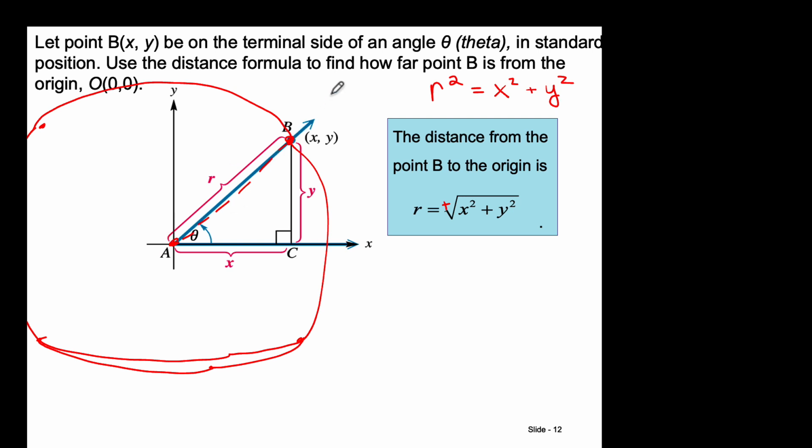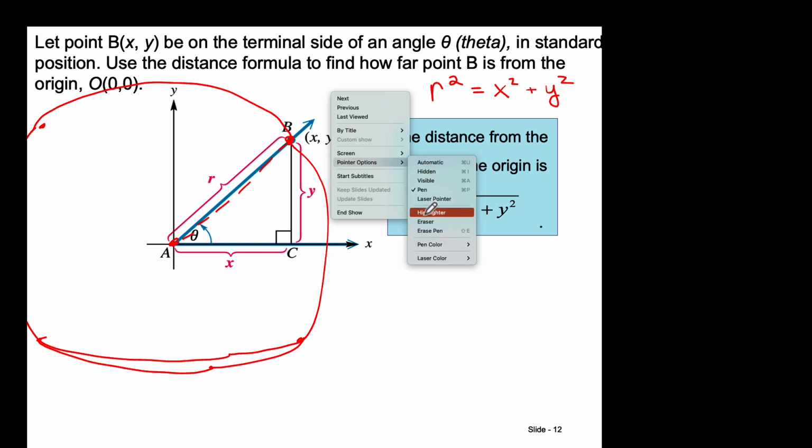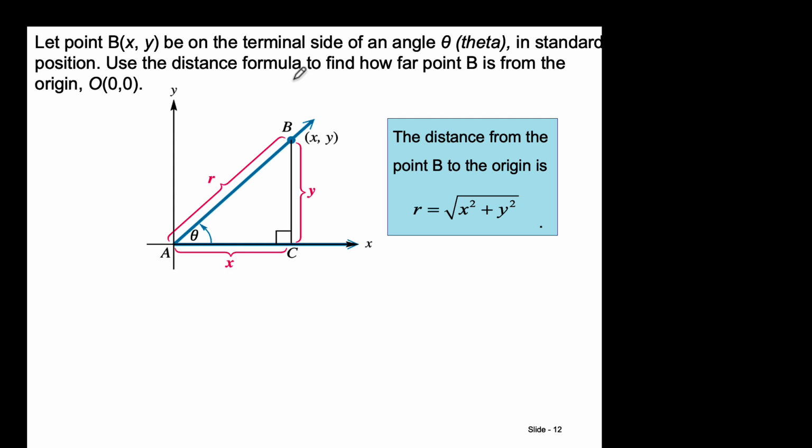All right, let me erase that circle, so it's kind of a lot. And what I'm going to show you now is how we take SohCahToa. Now SohCahToa is for any right triangle where the two interior angles are acute.